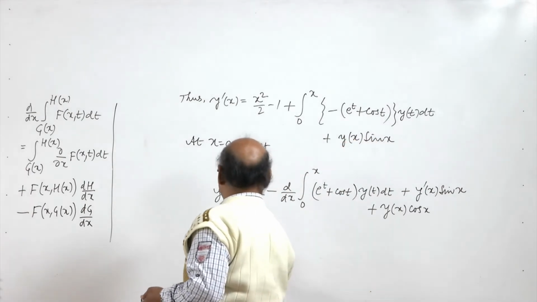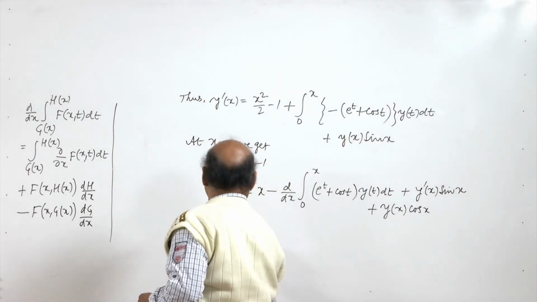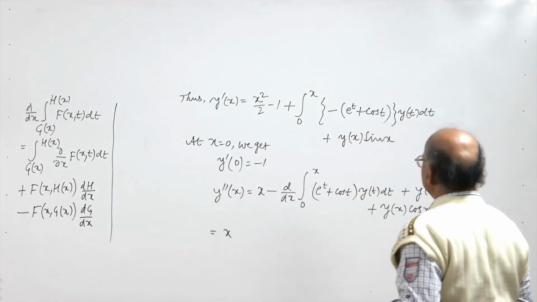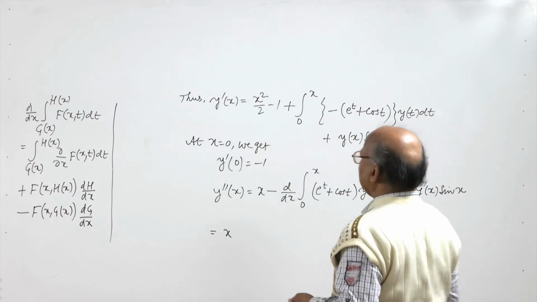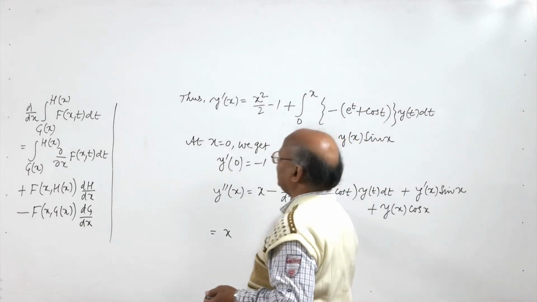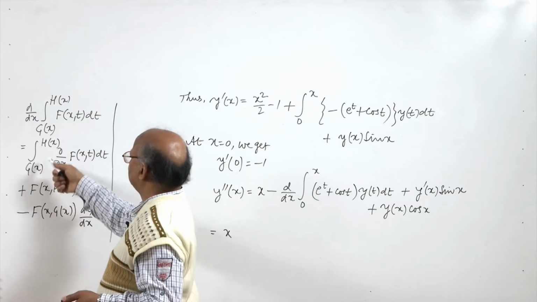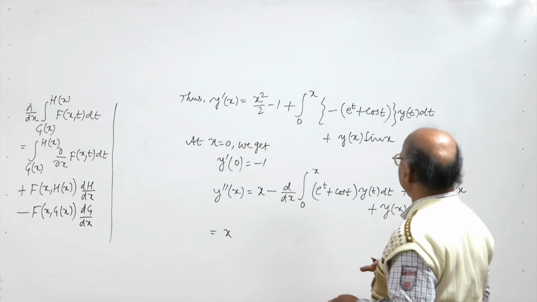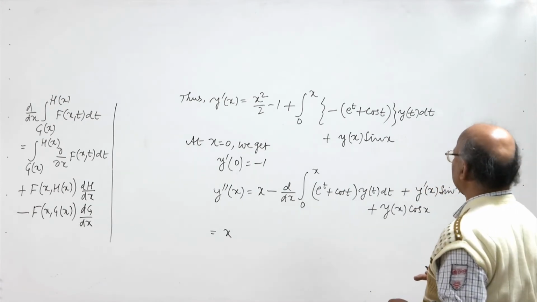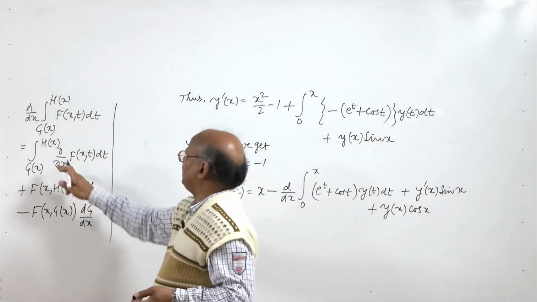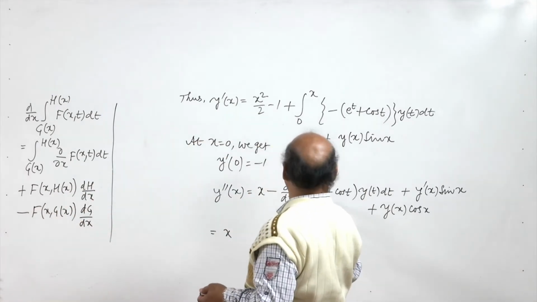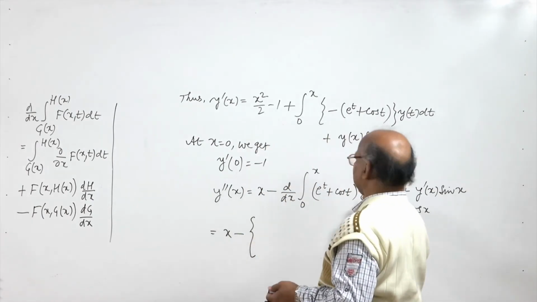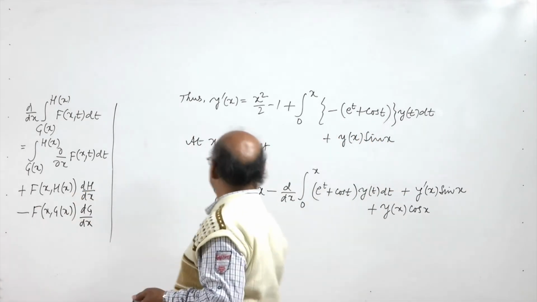Now let us again apply the Leibniz rule here. You can see the integrand does not depend on x, therefore when we take the derivative of the integrand, that is the first term, the partial derivative of e to the power t plus cos t into y t with respect to x will be 0, so this part will become 0, and therefore we have to write x minus we evaluate the value of the integrand at the upper limit.